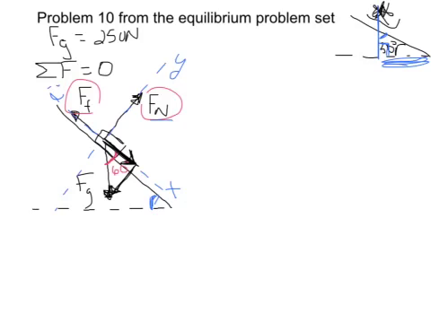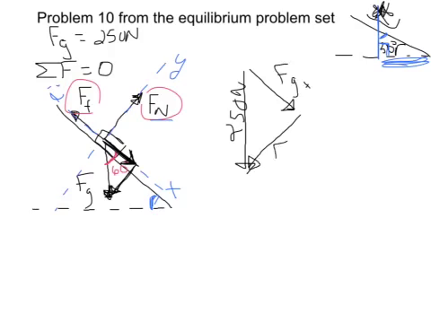I could make a little bit of a larger sketch of my force of gravity that might help us figure out the problem. So I've got gravity here. We know that it's 250 newtons. And I have an x component and a y component. So I'm going to call this FGX, FGY.